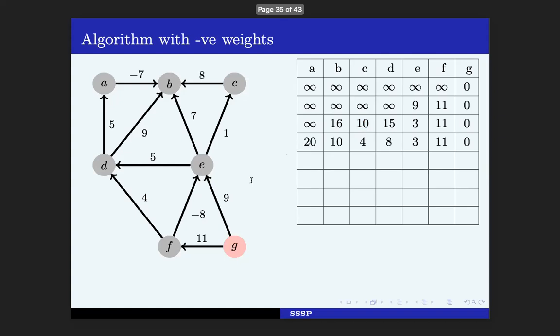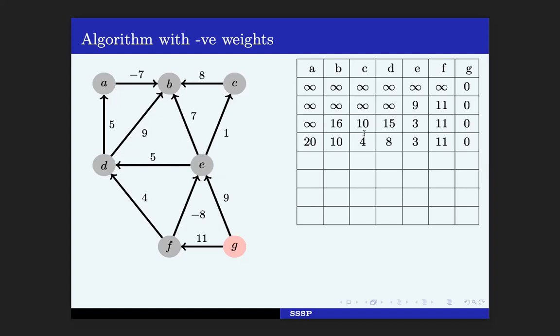Now the next step is 3 steps. In this 3 step, what happens? How can I go from G to C? I can go from G to C either by whatever we have gone earlier, which is 10, or I can go with 3 steps. That means I could have gone to E with 2 steps. So how much is the cost of going to E with 2 steps? Now see, this has already been calculated. I don't want to calculate it again.